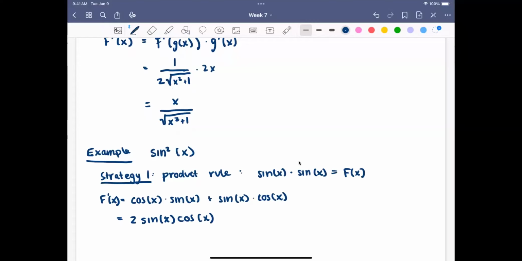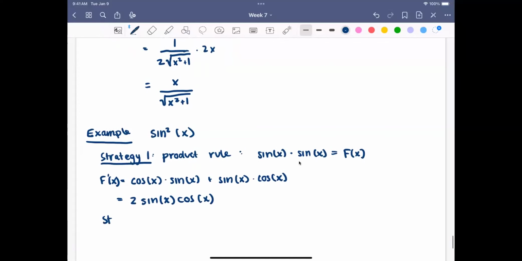Okay, so strategy 2, we'll do a chain rule, where we're thinking of this as sine x inside of a square.